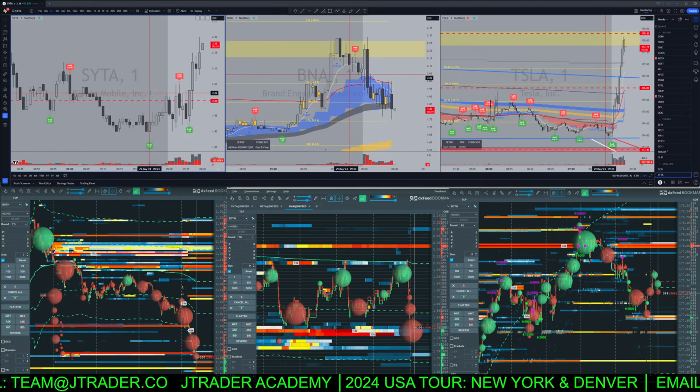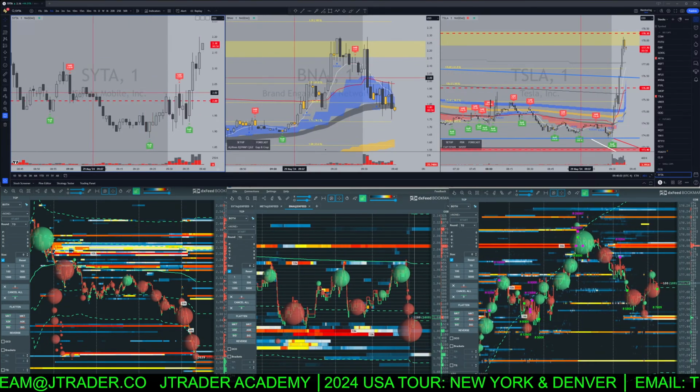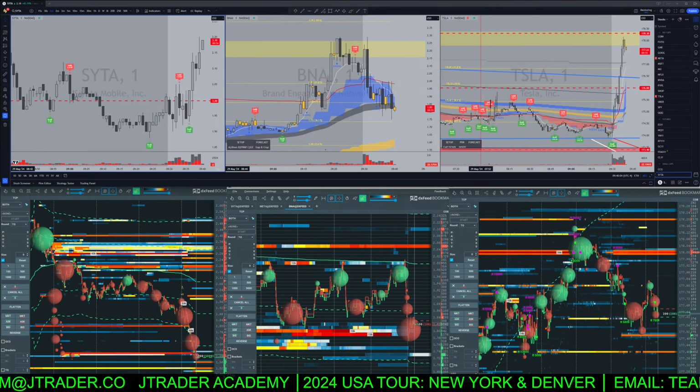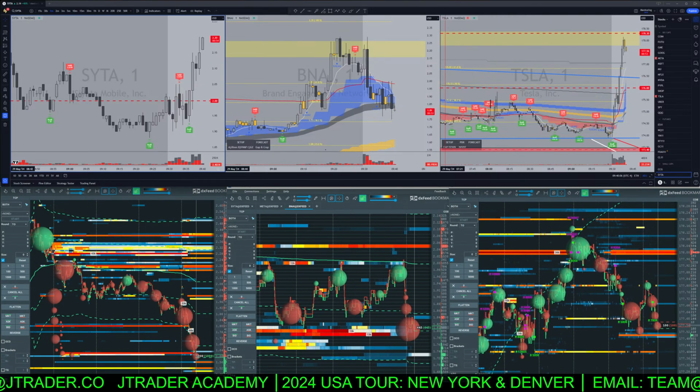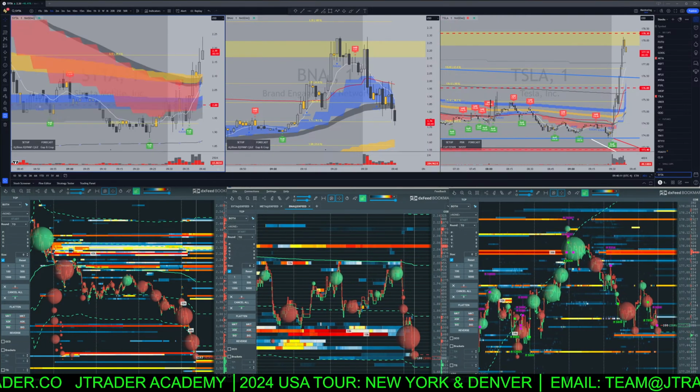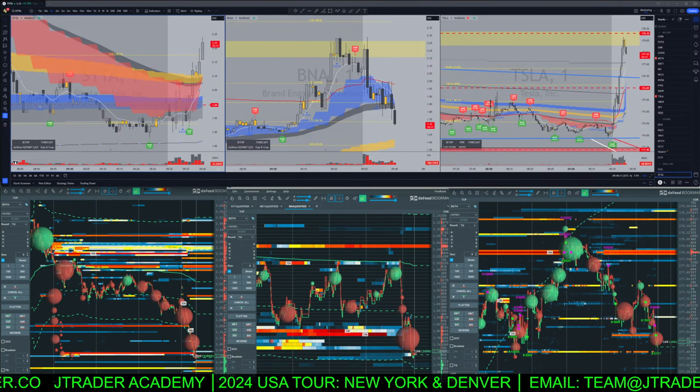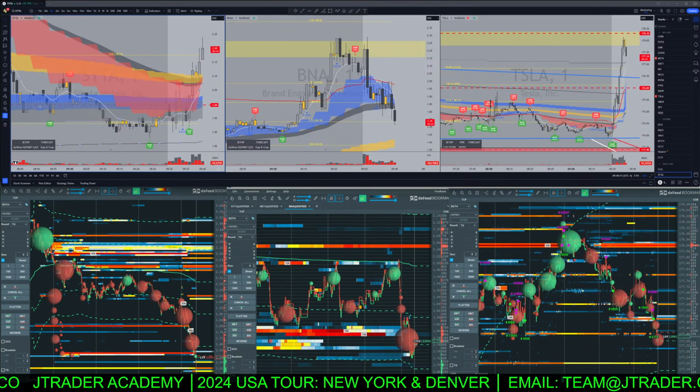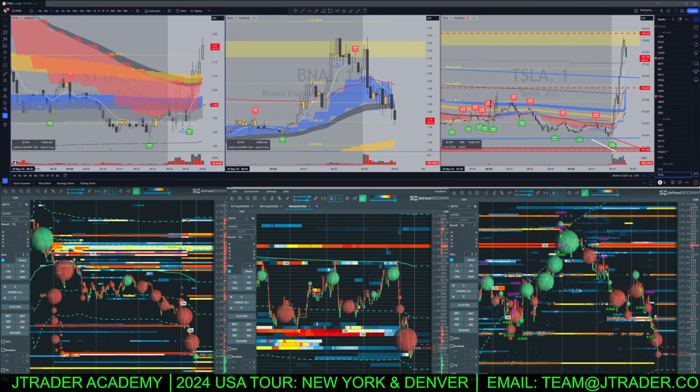Stuff at Binai, the VWAP. CETA is bouncing. Binai breakdown.